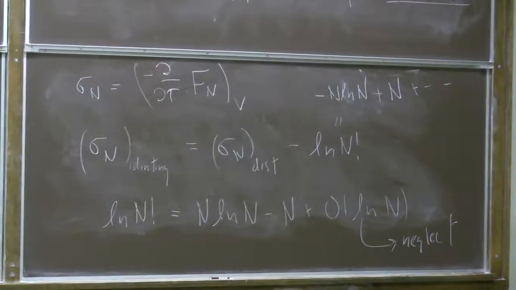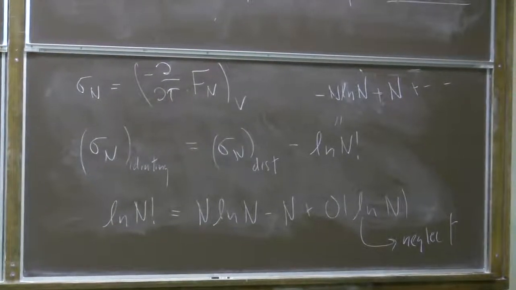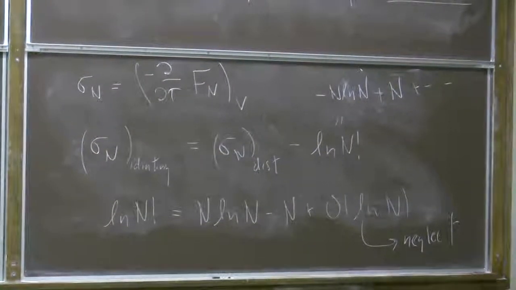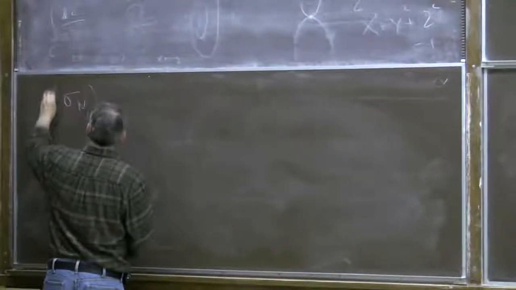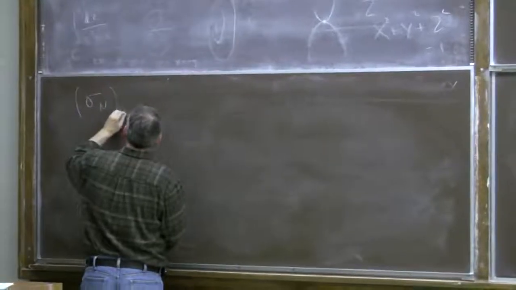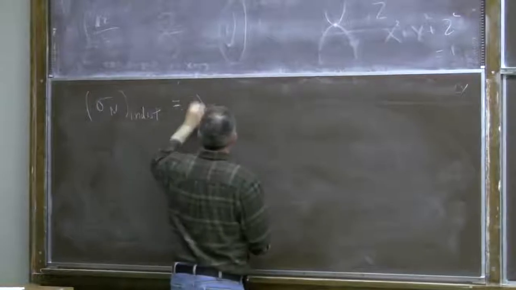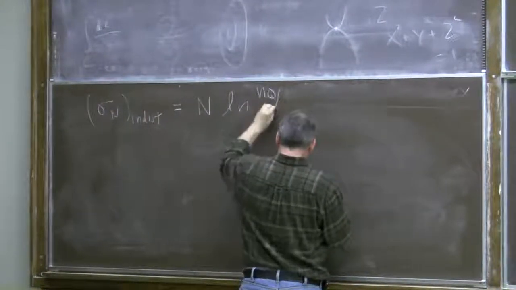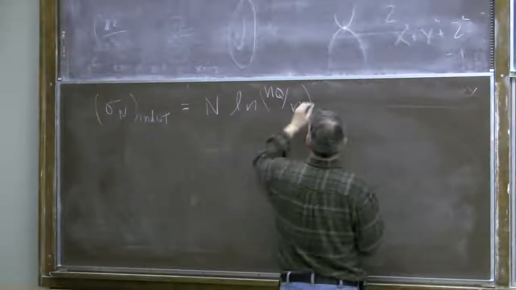Well, I guess I'll erase that. So our new formula for the entropy of n particles when the particles are indistinguishable is n times the log of quantum concentration divided by concentration, and then 5/2 n.